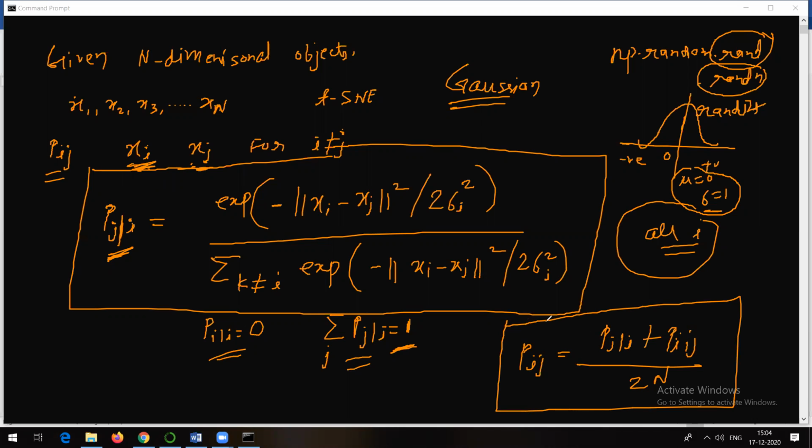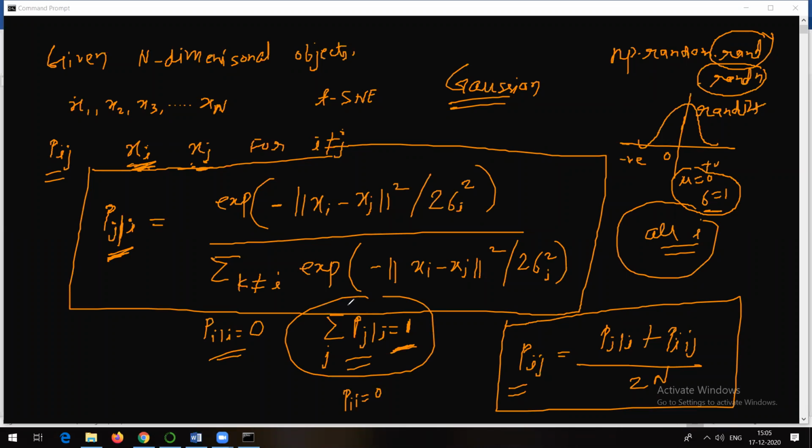I am able to write it down because as and when we read the same thing again and again, we can remember it easily. But no need to remember all these things. I'm just trying to introduce whatever mathematics is involved here in case of t-SNE, so that you will get an idea how someone is going to ask you a question based on it. So here this is how we can calculate this Pij, and note that Pij is equal to Pji, and Pii obviously is equal to 0, and this summation, as I told you, is equal to 1.